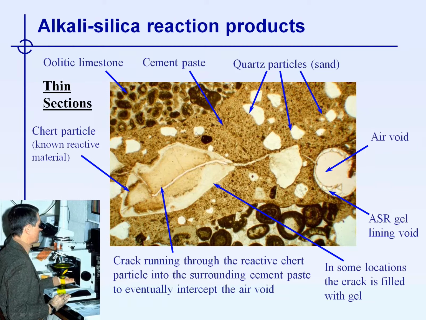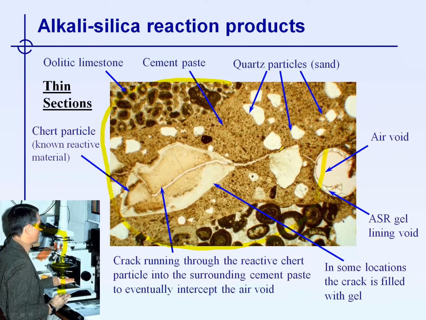There's a source of light at the bottom part of the microscope that goes through the concrete section, and the petrographer can look at the section through the light going through the thin section, as you can see here.